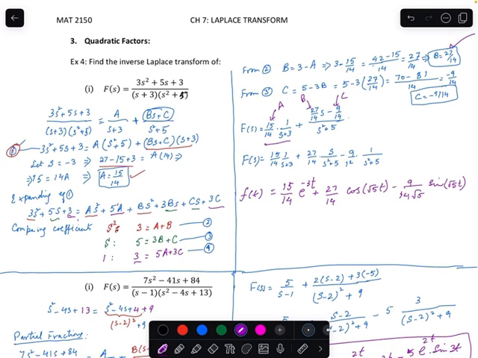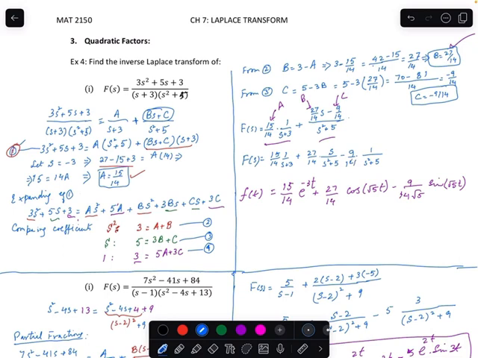The first one as it is, plus the second will be 27 over 14 times s over s squared plus 5. And the next term will be negative 9 over 14 times 1 over s squared plus 5.